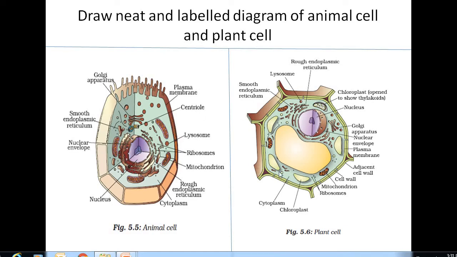This thick wall-like structure is absent in animal cell. So this thick wall is called the cell wall. Here it is labeled the cell wall.